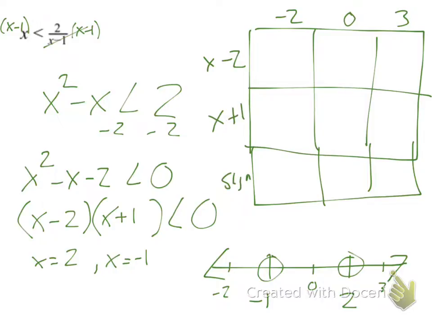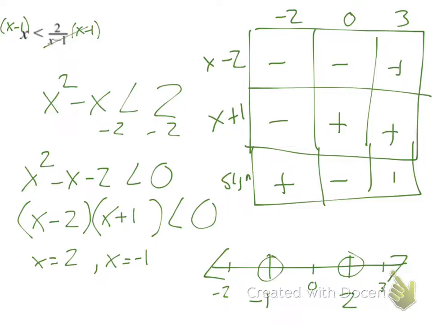And we'll call this our sign because that's when we're multiplying them all together. That's the important row. What happens when I put -2 into x minus 2? It's a negative. Into x plus 1? Negative. So our sign will be positive. Putting 0 in. Negative. Positive. Negative.